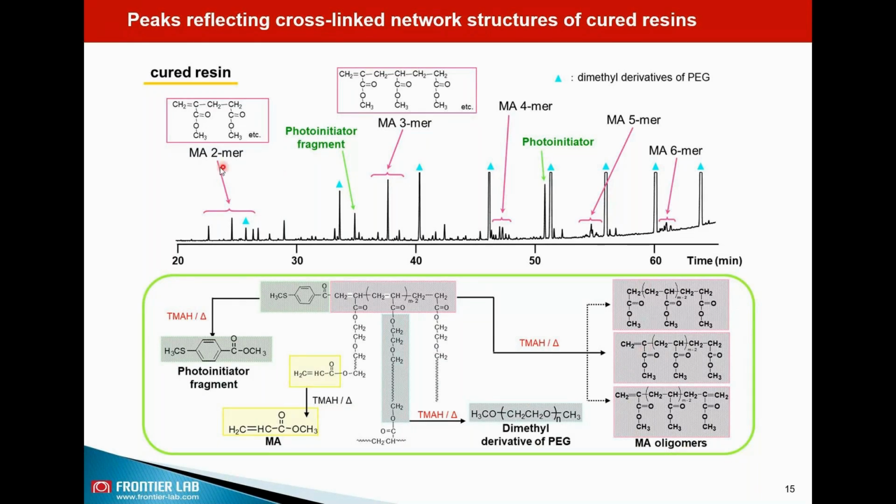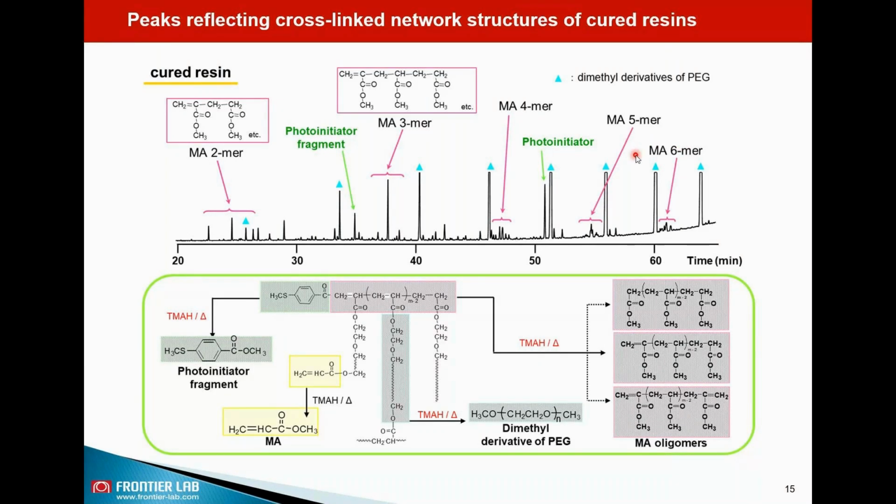So if you look at this pyrogram, each of these methacrylate, monomer, dimer, trimer, and tetramer, pentamer, and so on, this really refers to the more number of cross-linked network structure.